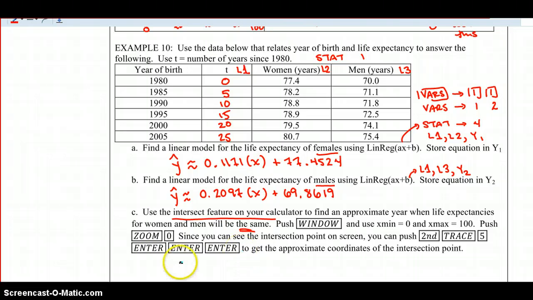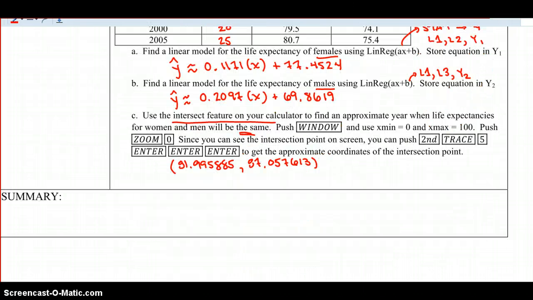Okay, so on the output screen, we should see the following ordered pair. 81.995885, comma, 87.057613. Okay, so now let's think about what these mean in context.